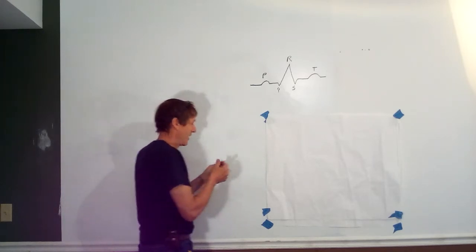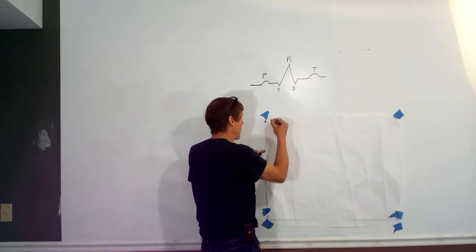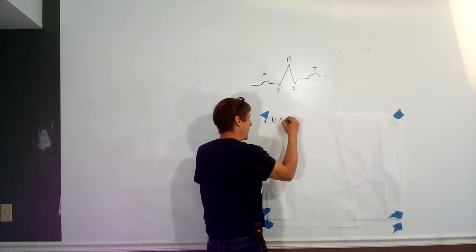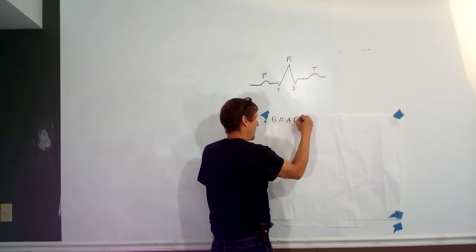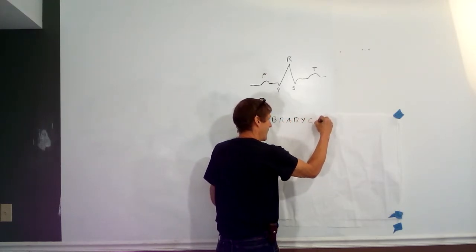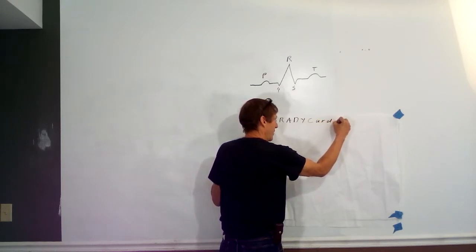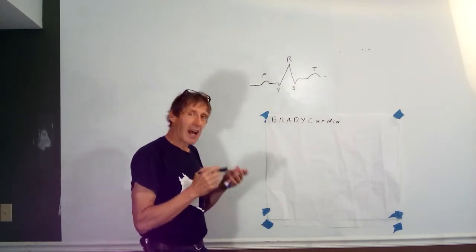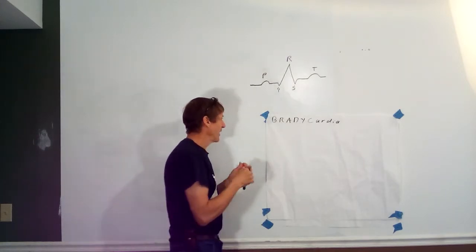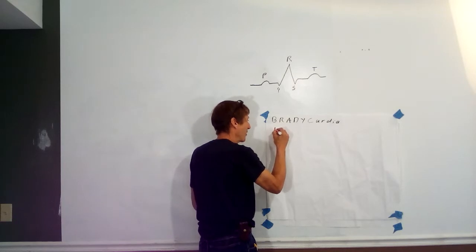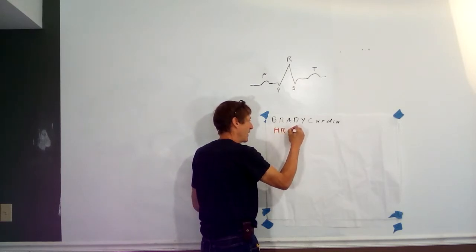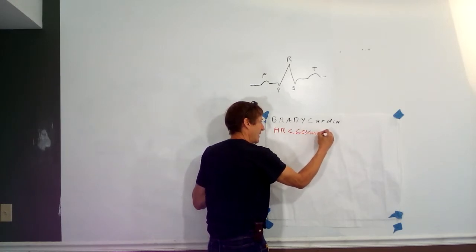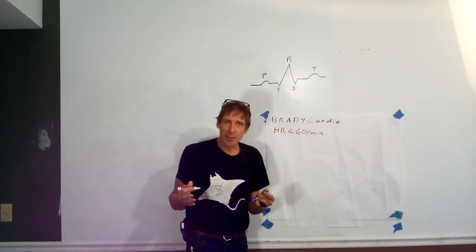One of them is a bradycardia. A bradycardia is an abnormally slow heart rate, generally a resting heart rate less than 60 beats per minute.